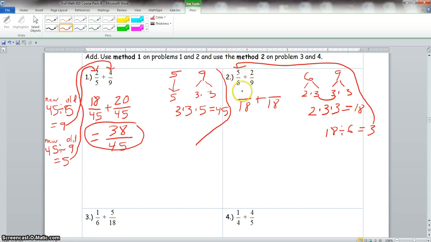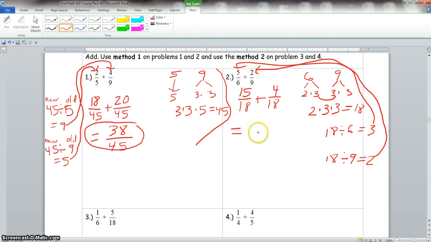So 3 times 5 gives us 15. Now, we take the new denominator and divide it by the old denominator here, which is 9. 18 divided by 9 is 2. So we would take this 2 and we'll multiply it by this numerator here with this 2. So 2 times 2 is 4.